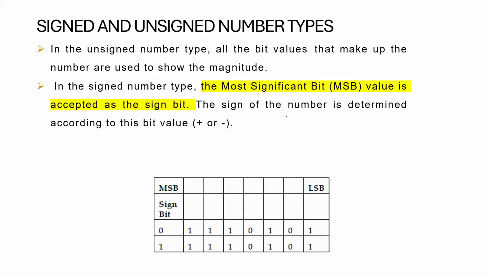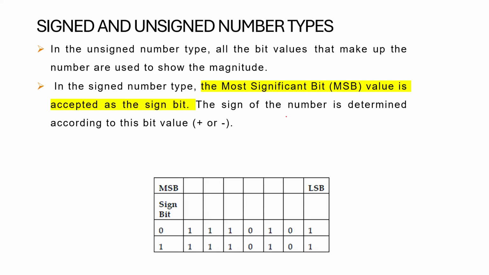But in here, we are assigning this left bit, the MSB, as a sign. So for now, this MSB can be assigned as a sign in the signed version, signed numbers.